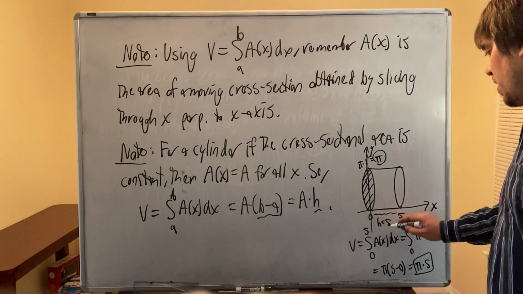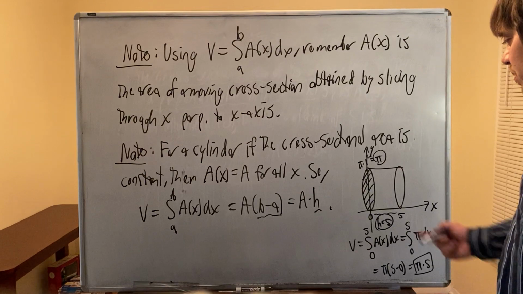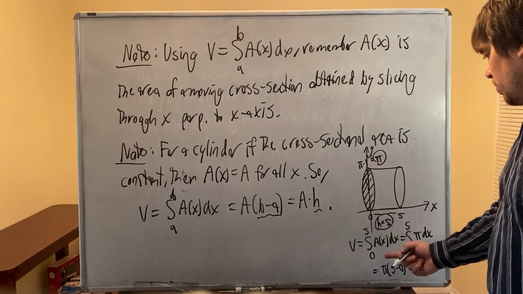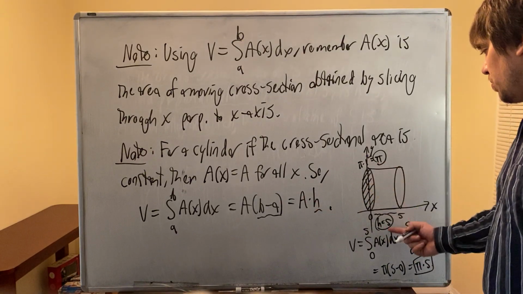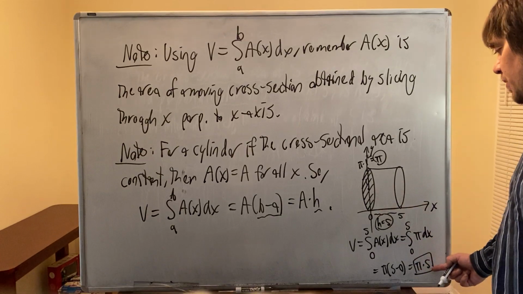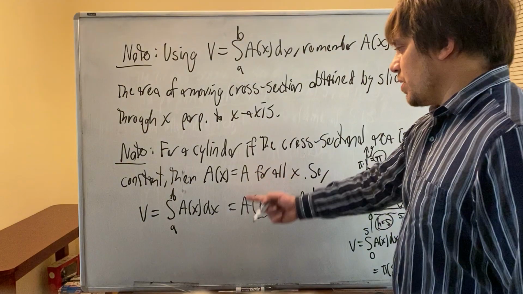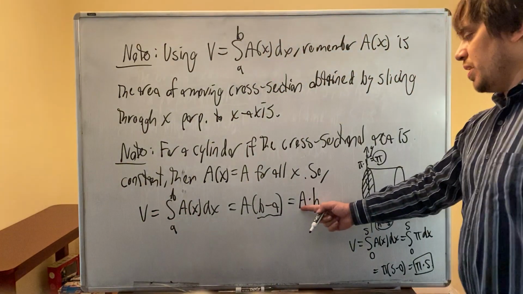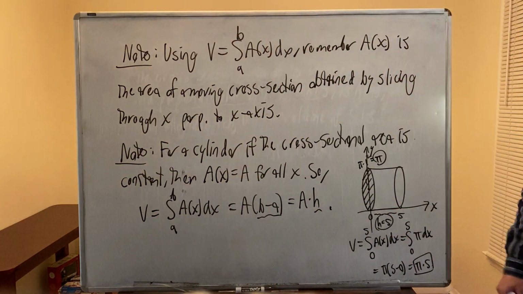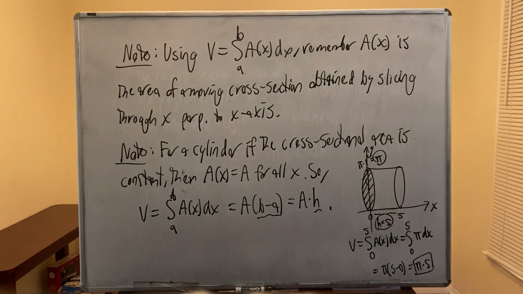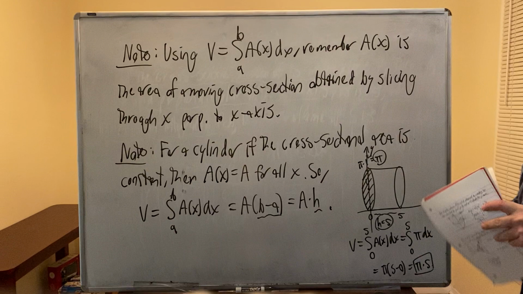The height is 5. And so you're taking the area of the base, which is pi, and multiplying it by the height 5. If the cross-sectional area is constant, the volume is that cross-sectional area A times h. Okay? So that's a second note about calculating volumes.